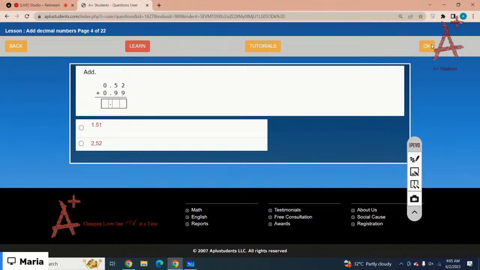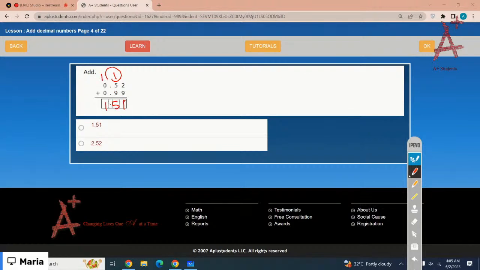Then add 0.52 and 0.99. So which is the correct option? Start adding from the rightmost digit. That would be 9 plus 2. So 9 plus 2 is 11. Write 1 and carry 1. It would be 9 and 1, 10 and 5, 15. Write 5 over here and carry 1.